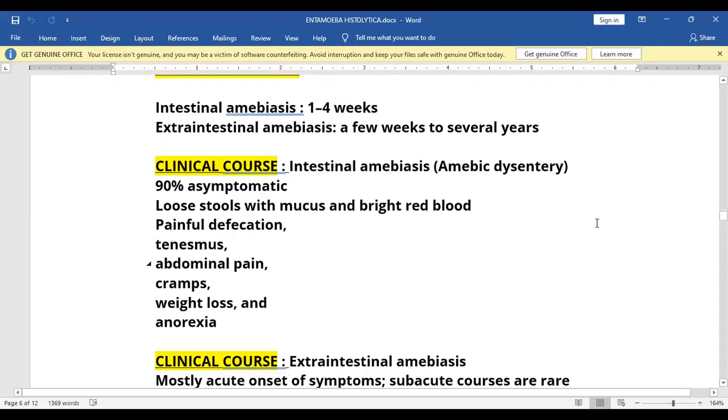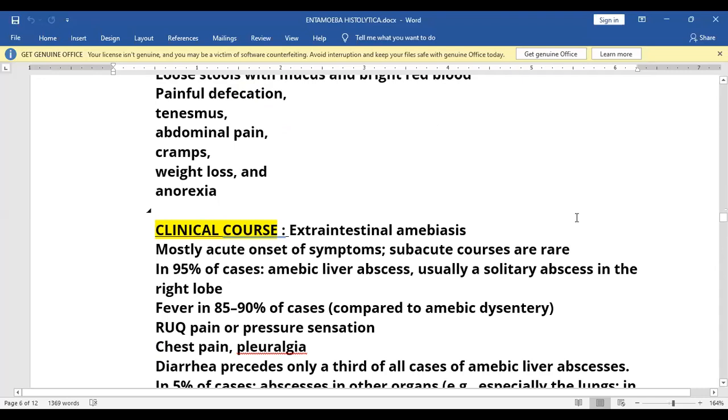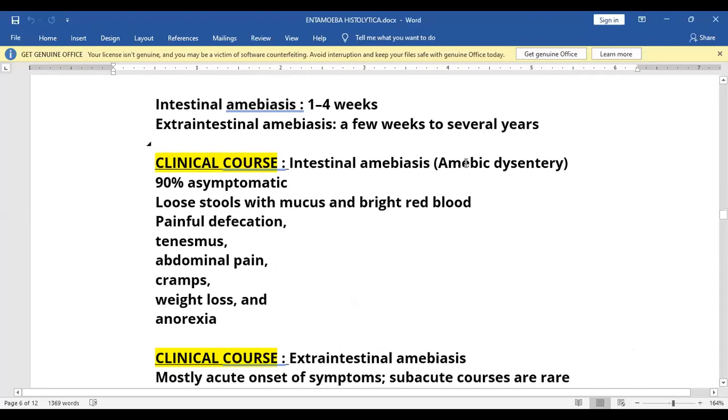Clinical manifestations, incubation period, all MCQs, not MCQs rather, these are questions regarding your viva. And when you are given a question on parasitology, you will always be given a small clinical scenario so that you are able to pick up the parasite which we are talking about. So if you don't know what are the clinical manifestations of intestinal amoebiasis or amoebic dysentery, you will not be able to understand the pathogen which they want you to identify.